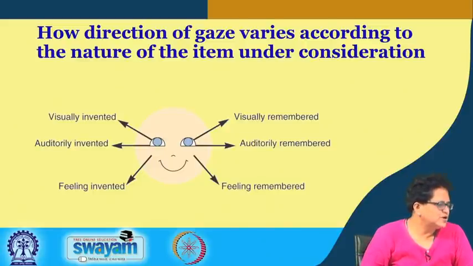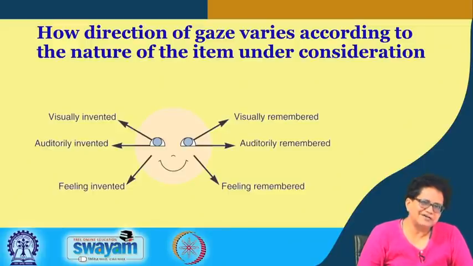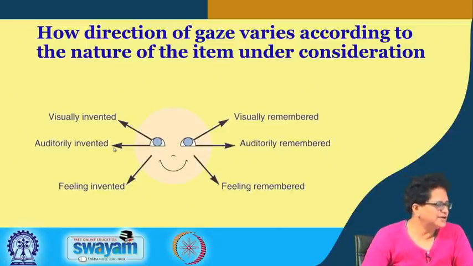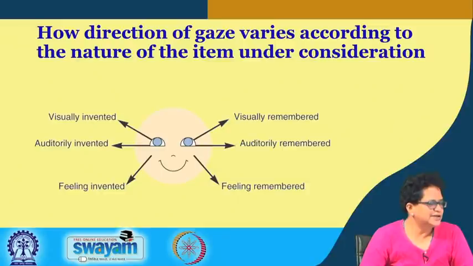Number 2, how would you look in purple and green hair? So, you start inventing, you start looking in this direction and thinking. And number 3, what would your home look like after it has been ravaged by fire? So, you would invent, isn't it?